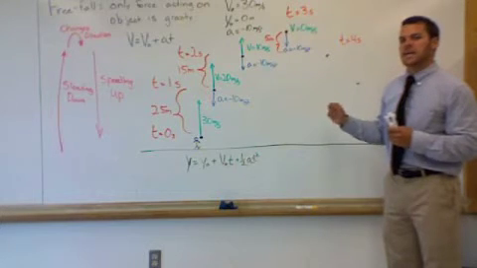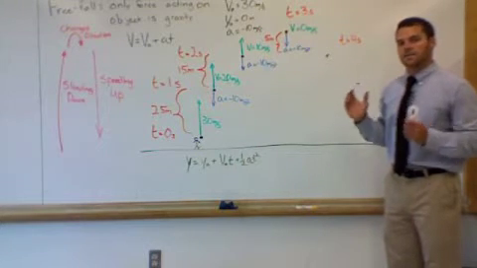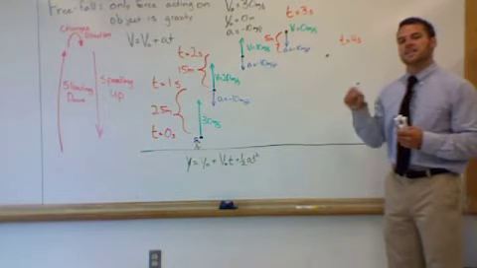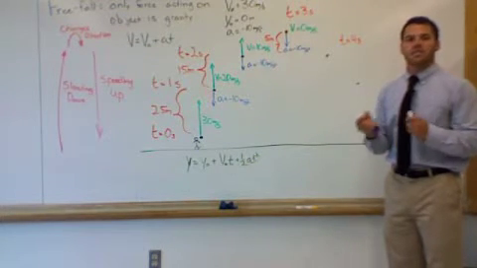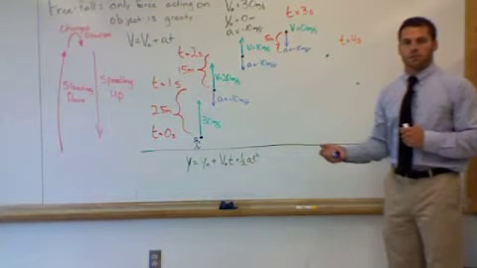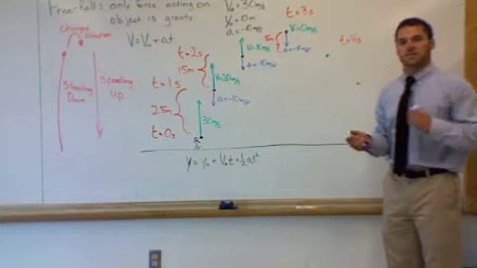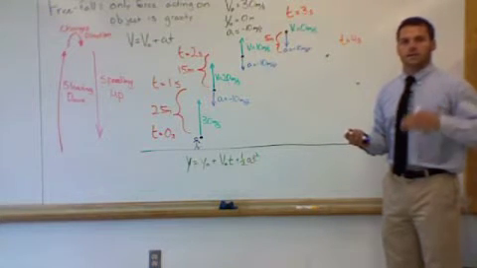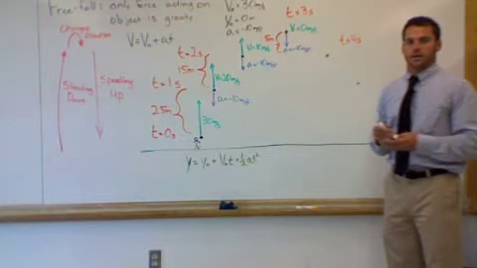Its speed is increasing. Its velocity is also going to increase, but it's going to increase in the negative direction. Positive and negative in physics just note direction. Positive is to the right or upward. Negative is to the left or downward. Positive x, positive y, negative x, negative y.